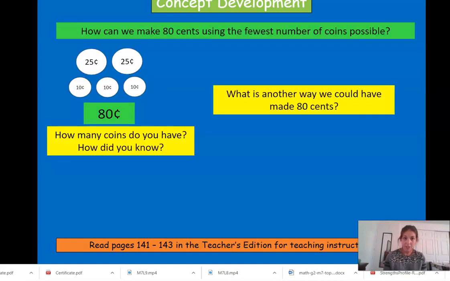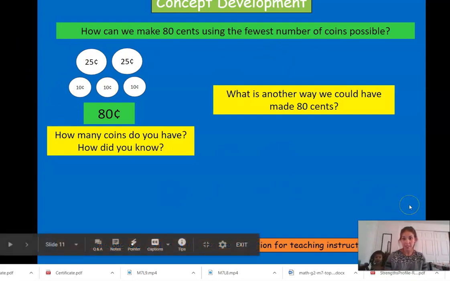They did not use the fewest number because we could have used 3 quarters, and that would have been 75, and then we would only need 1 more coin to give us 80, 1 nickel. So we could have done it with 4. They made a little error when they were making this. Okay, let's keep going.